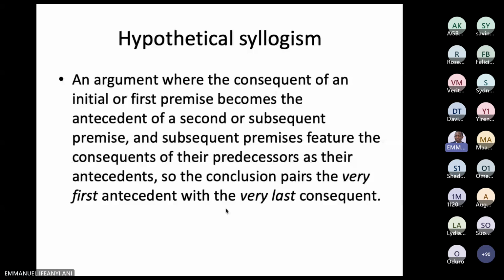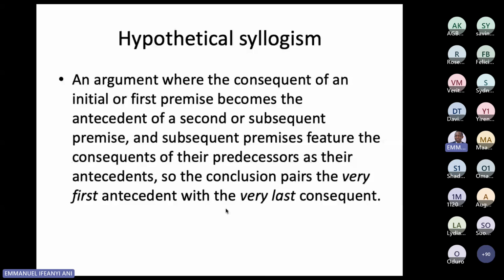Out of the four, two are correct and two are not. Modus ponens and modus tollens are correct. The fallacy of denying the antecedent and the fallacy of affirming the consequent are not correct. So modus ponens and modus tollens are the first two kinds of deductive reasoning.